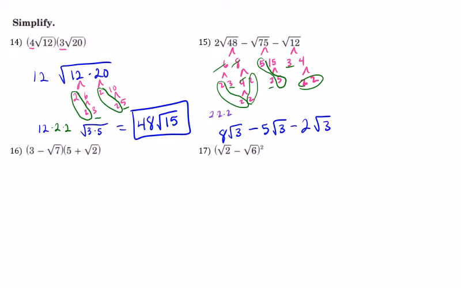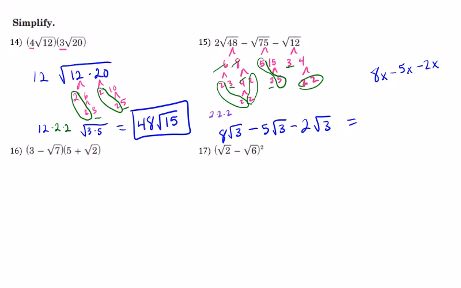So it turned out that we went from having no like radical terms to now they're all like radical terms, right? They all have the same radicand 3, and they all have the same index, which is 2. And so we can combine these together. The way you combine them is just think if it were 8x minus 5x minus 2x. It's the same idea. You just combine the coefficients, and then the radical stays the same.